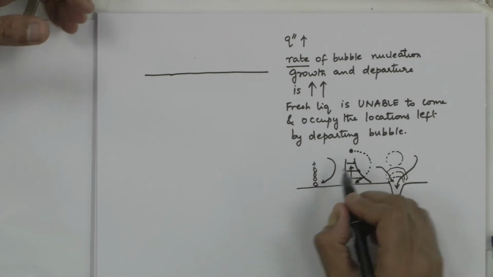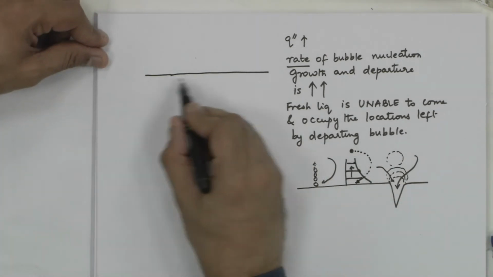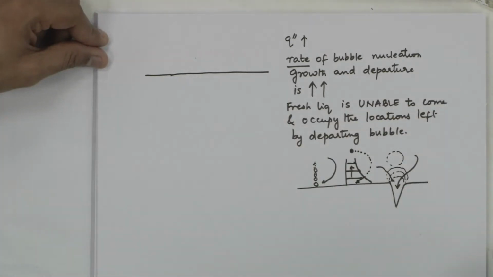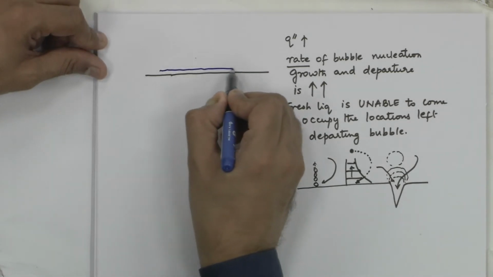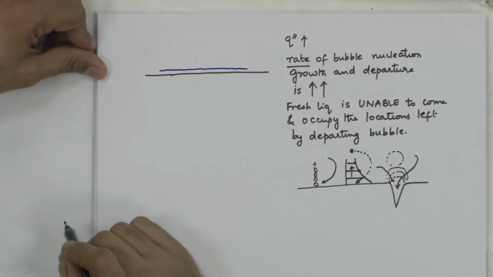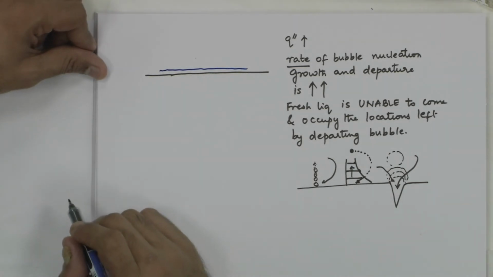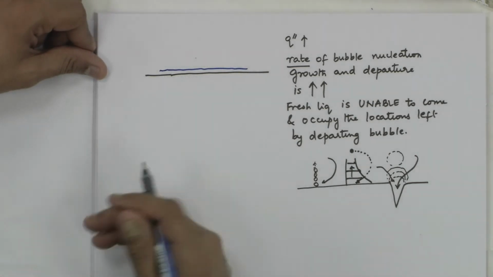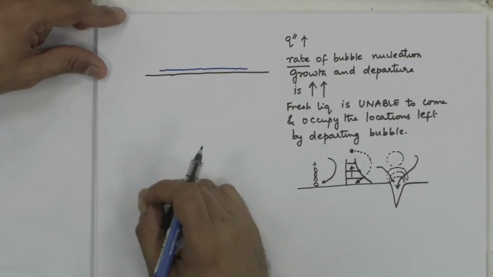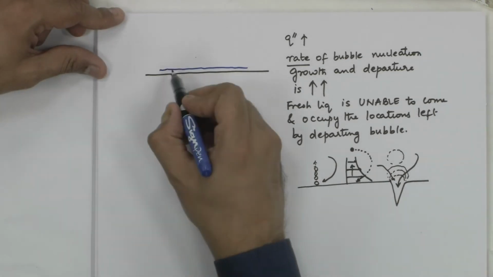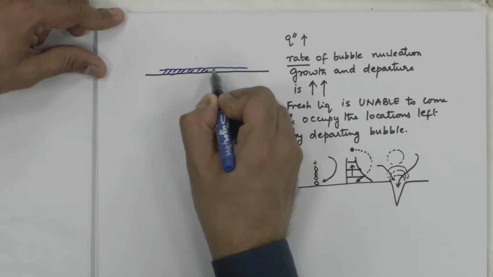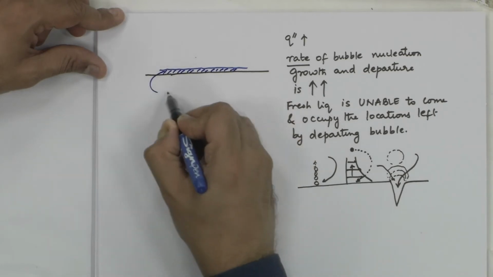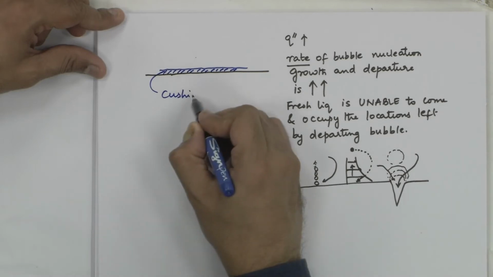When the bubble growth from all the different cavities on the surface is so fast, it is as if there is a film of vapor forming on the heated surface. Remember the dosa example which we gave, the film is because of the water vapor cushion that is being formed between the heated surface and the liquid.